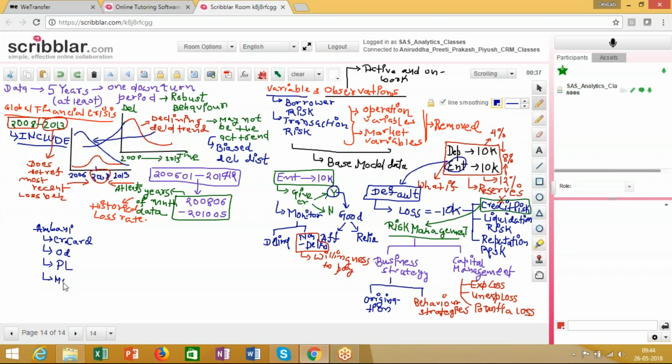Now, Mr. Ambani has all these four products, and every month he pays interest. He pays the EMIs or the balances for each of these accounts. So the first part is the credit card. Mr. Ambani makes his purchases on his card every month, and he keeps on paying back the money every month.